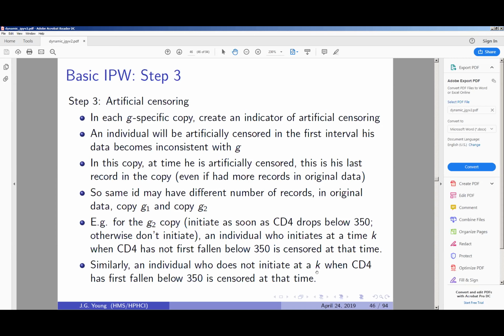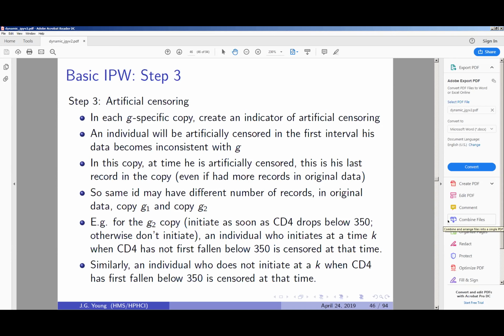So for example, an individual might have failed in the real data at time 7 or been censored at time 4, but he might be artificially censored in the copy G1 at time 2 because his data became inconsistent with G1. So the same ID may have fewer records in copy G1 or copy G2 than in the original copy.